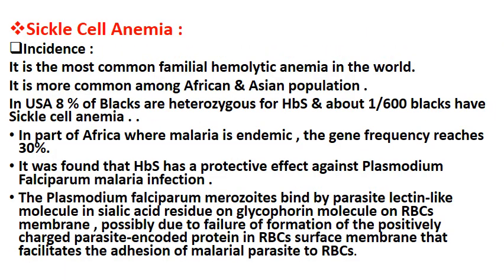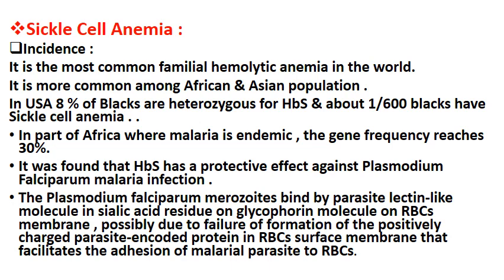Sickle cell anemia is the most common familial hemolytic anemia in the world. It's more common among African and Asian populations. Actually, it is more common in Basra, in Iraq, and also in Kuwait.